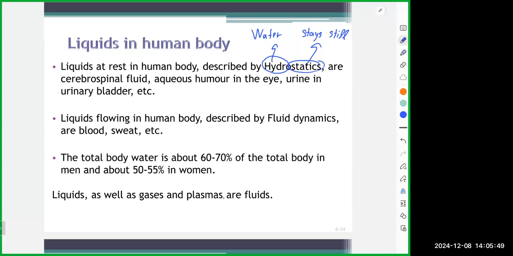In men and women, there is a different amount of liquid in our bodies. For men, we slightly have a higher percentage of liquid than women. Do you know why?